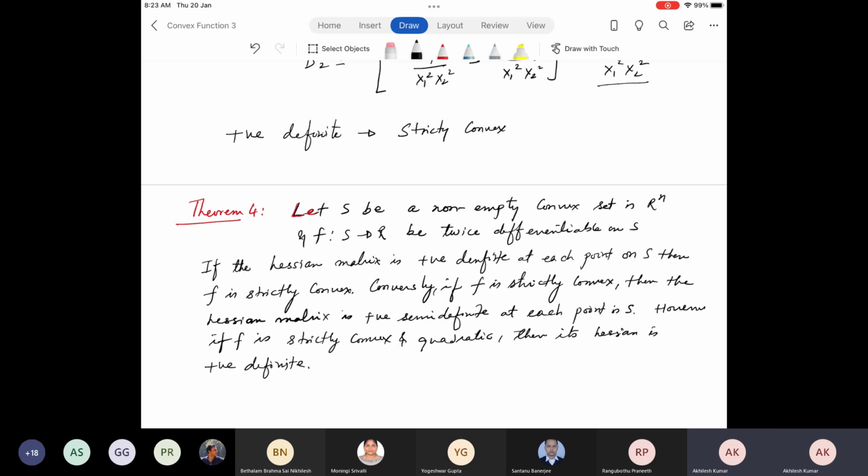Conversely, if a function f is strictly convex, then the Hessian matrix is positive semi-definite at each point in S. However, if f is strictly convex and quadratic, then its Hessian is positive definite.